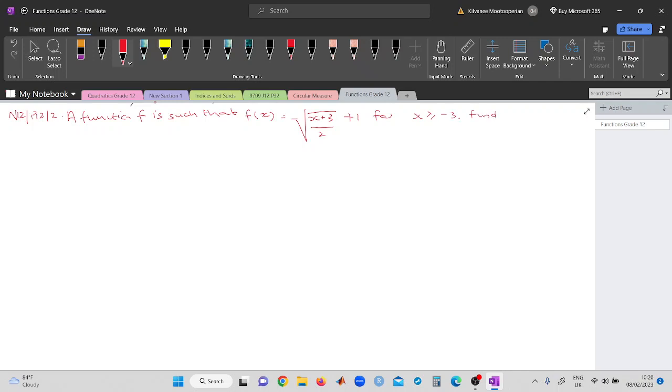Find, firstly, f inverse of x in the form of ax square plus bx plus c, where a, b and c are constants. Next, find the domain of f inverse.